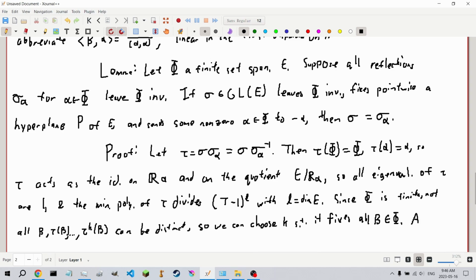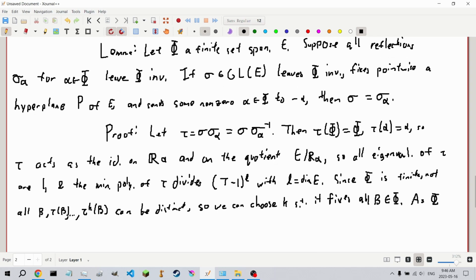And because phi spans E, then t to the k has to equal 1. So the minimal polynomial of tau_alpha divides t to the k minus 1.